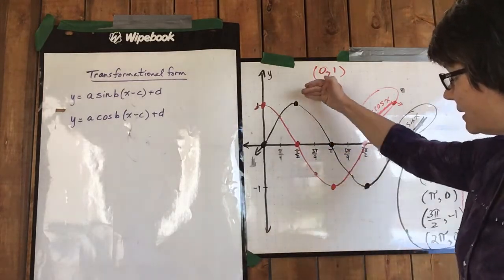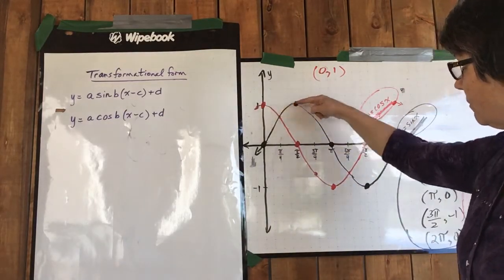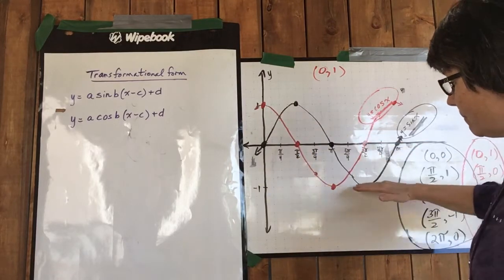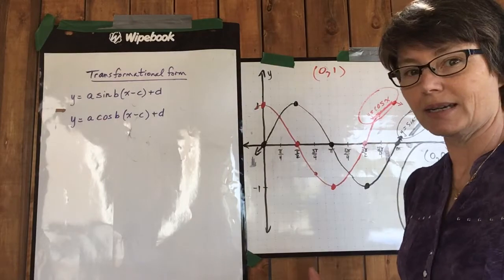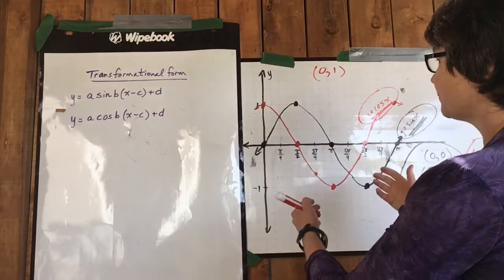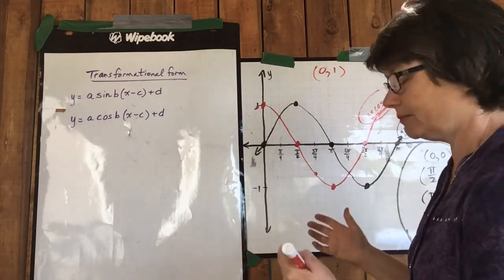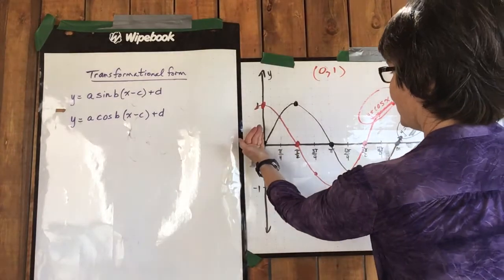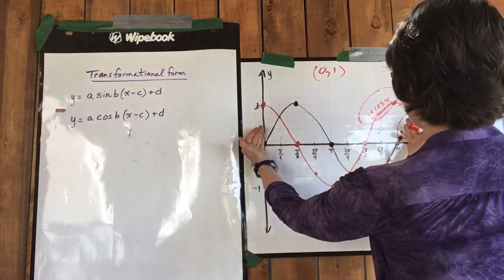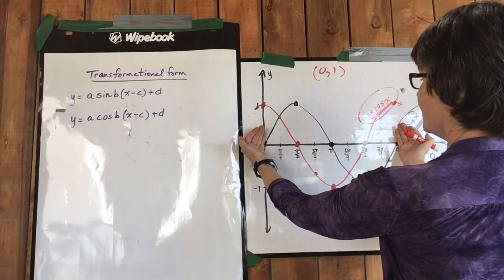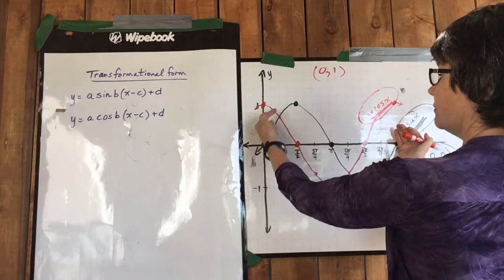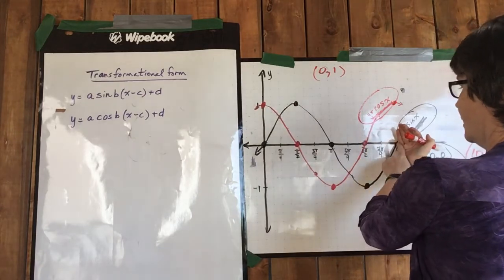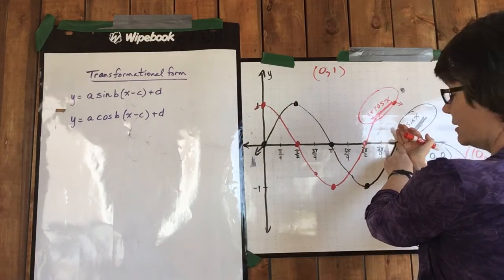Similarities: they have the same maximum, 1. They have the same minimum, negative 1. They have the same period, just that the period starts in a different place and finishes in a different place, but the period is 2 pi for both. The black graph starts through the origin, and the period is 2 pi.